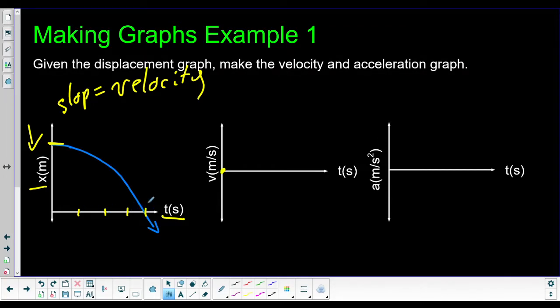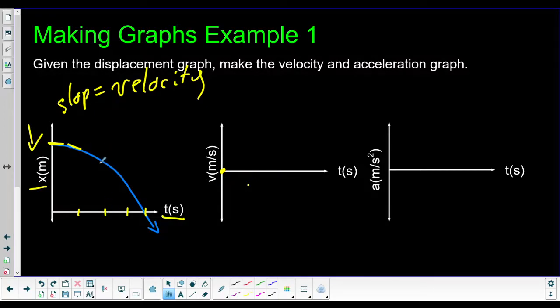There we go. If I go over a little ways, now we're facing down a little bit. So I have a small negative slope. So we'll go over a little bit, and we'll go down a little bit, because the slope here is the value here. So it's a small negative valued slope, so we have a small negative value here.